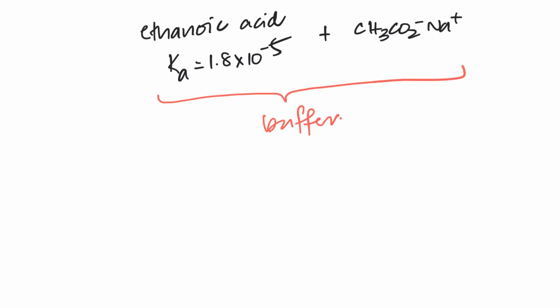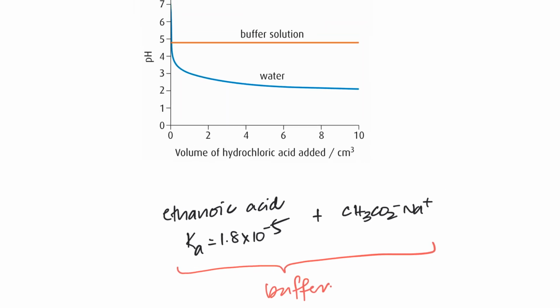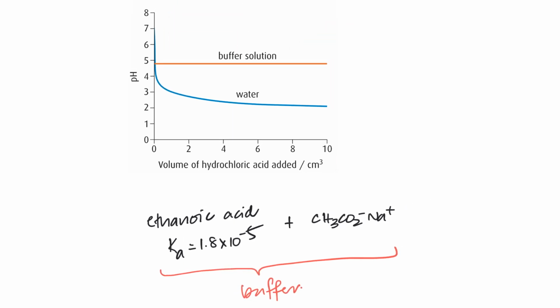But the overall effect, why this is called a buffer, is shown in the graph that you saw, and I'll zoom in just a bit. This is what would happen to the pH of this solution if I added HCl.